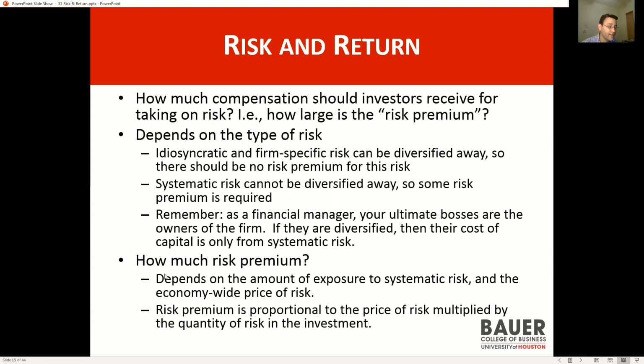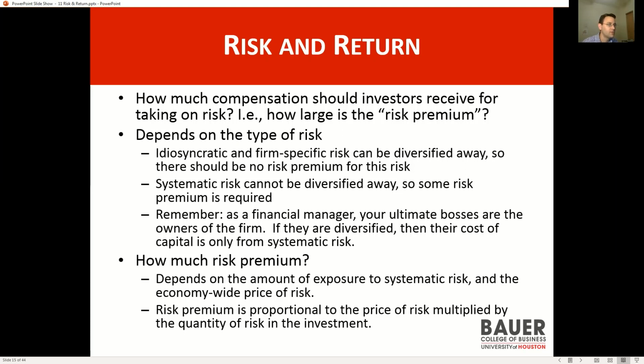We have to quantify this. How much of a risk premium should we get? Well, that depends on how much systematic risk you are taking. Different investments are going to have different amounts of systematic risk and hence different risk premiums. The second ingredient, besides the quantity of risk, is the price of risk.